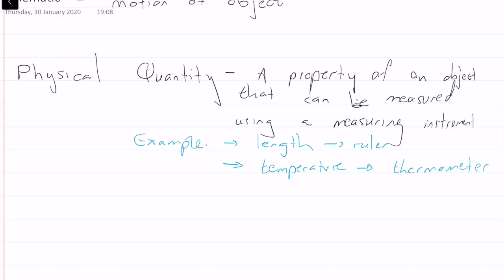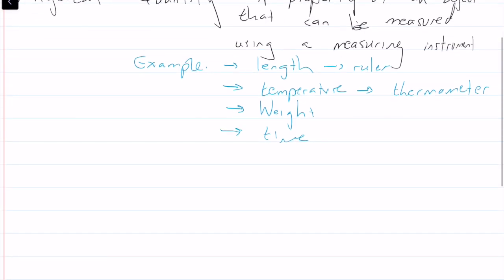We can say weight is another one. All of these things we can measure. Another one that we can give is time. So a physical quantity is a property of an object that can be measured using a measuring instrument. There are some examples. We'll go through some more.